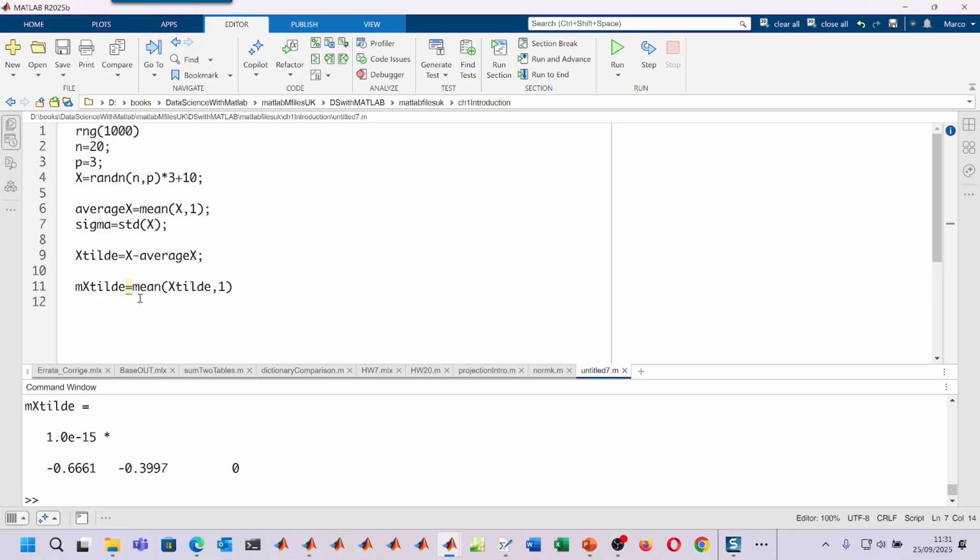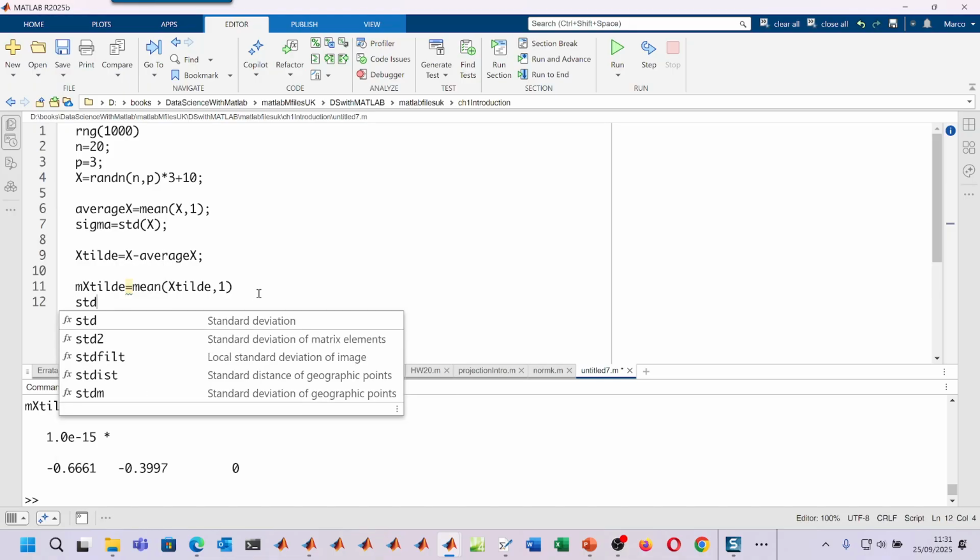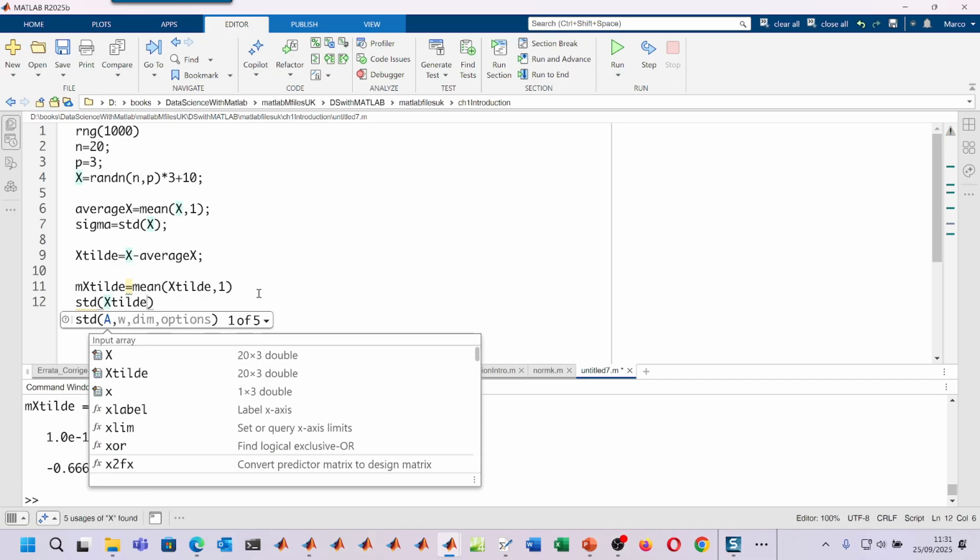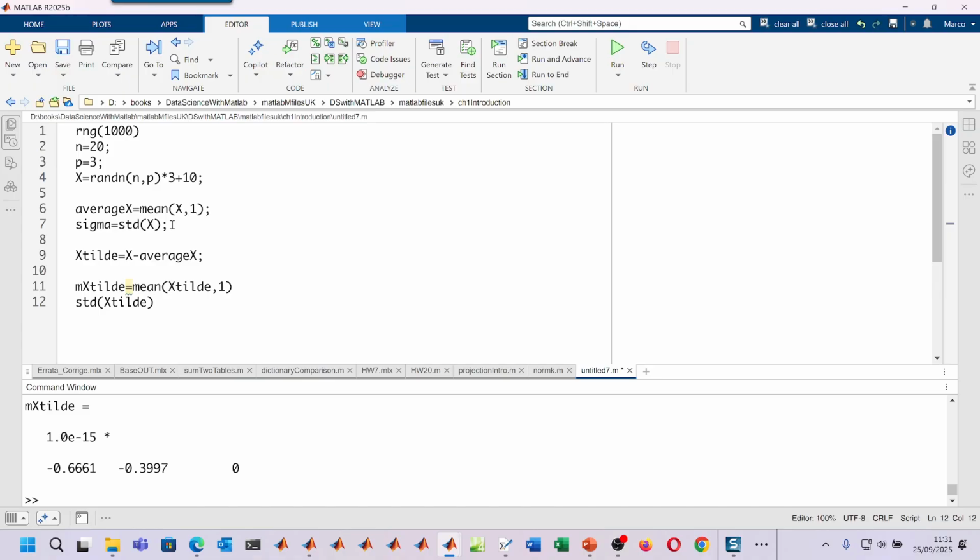Now, the standard deviation in matrix X tilde, how will it differ from the standard deviation of the original matrix? You have removed the means, okay? So you compute the standard deviation on the original variables or on the new variables which have mean 0.